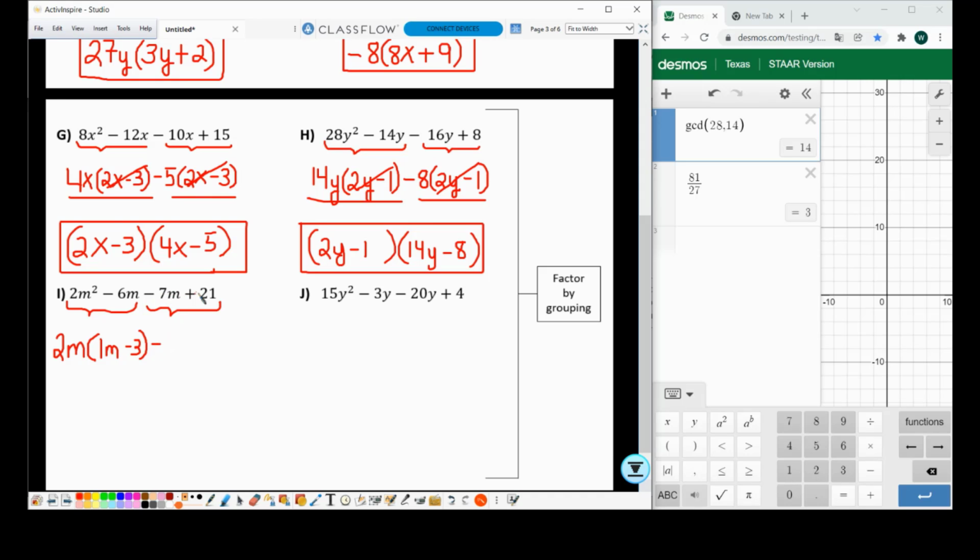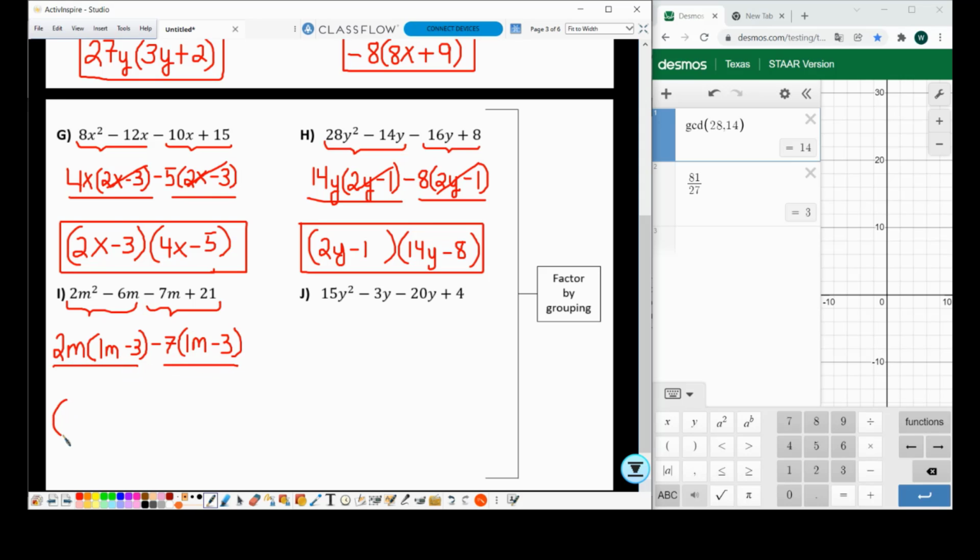And what is the biggest number that goes into 7 and 21? It's 7. And then I cannot factor an m, so open parentheses. Negative 7m divided by negative 7 is 1m. And 21 divided by negative 7 is negative 3. So there you go. Now you have the first term and the second term.